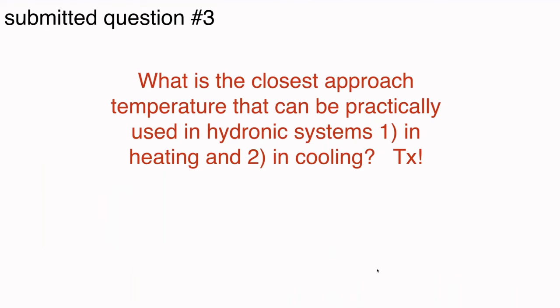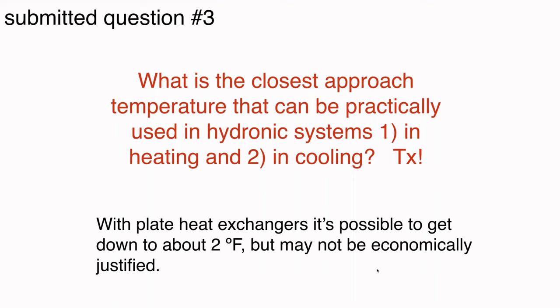Now here's another question we got. What's the closest approach temperature that can be practically used in hydronic systems? 1 in heating, 2 in cooling. Thanks. Well, again, it'll depend, but I put down here, it is possible to get it down in the range of about 2 degrees Fahrenheit, but you may find that not to be economically justified.